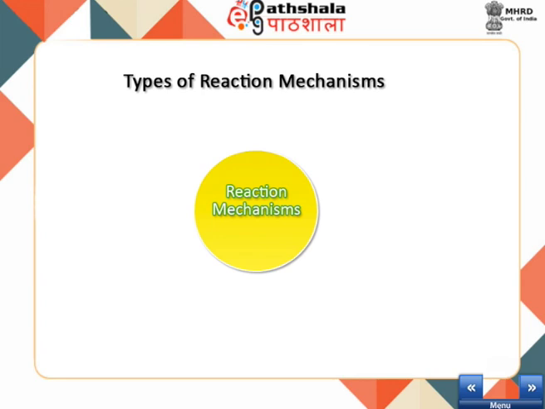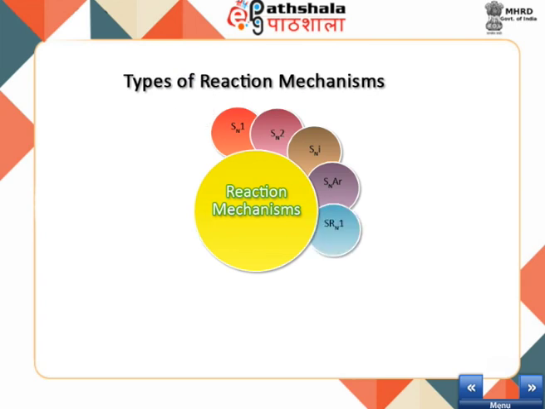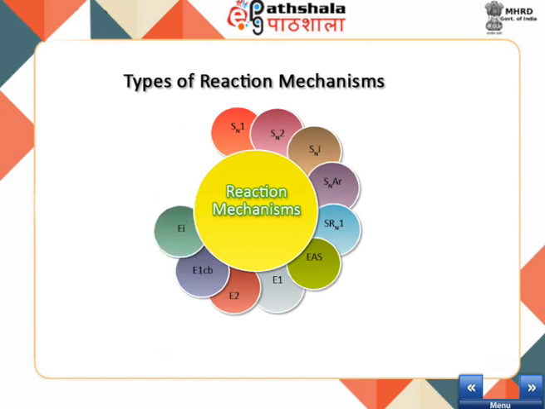Some common mechanisms are substitution nucleophilic unimolecular SN1, substitution nucleophilic bimolecular SN2, substitution nucleophilic internal SNi, substitution nucleophilic aromatic SNAr, substitution radical nucleophilic unimolecular SRN1, electrophilic aromatic substitution EAS, unimolecular elimination E1, bimolecular elimination E2, conjugate base elimination E1cB, elimination internal Ei, free radical and concerted mechanisms.